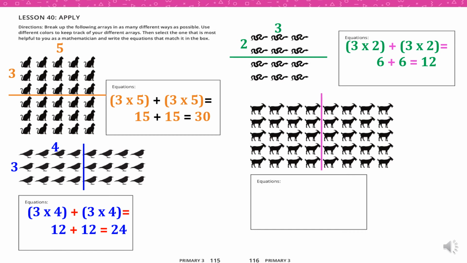The last one, cut it like this. The first array will be 4 times 5. So 4 times 5 equals 20, and 4 times 5 equals 20. 20 plus 20 equals 40.